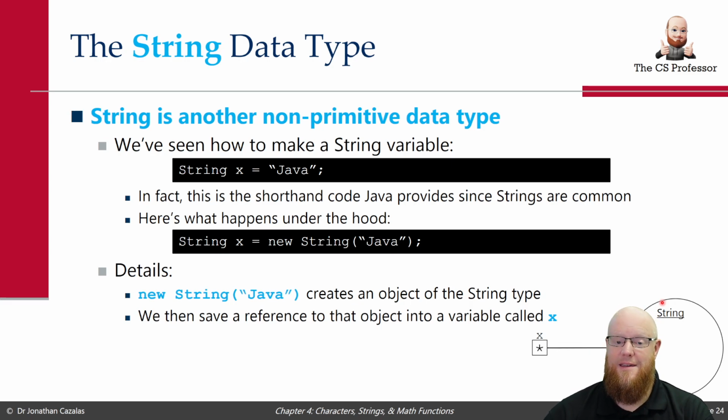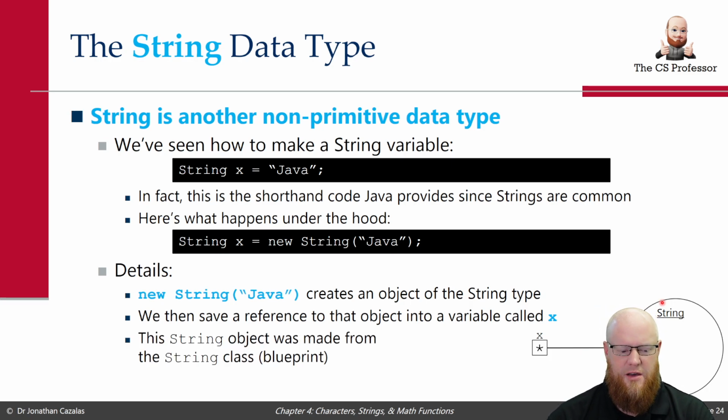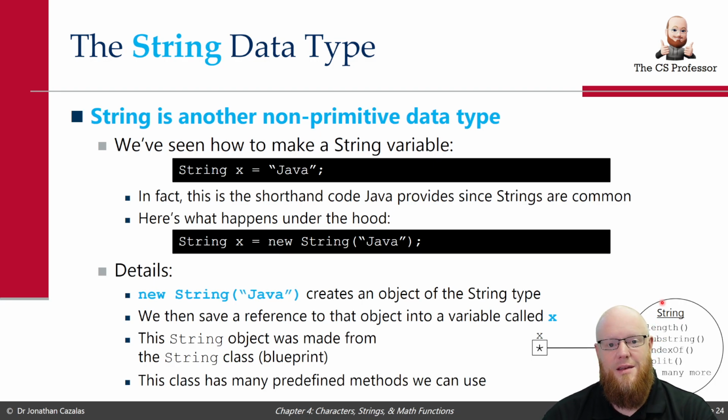We then save the address of where that object is found in memory inside the variable x. So now x can refer to that object. That's why it's called a reference in Java. And now what's valuable to know is that this object was created from the String class, it has many methods that can operate on it.